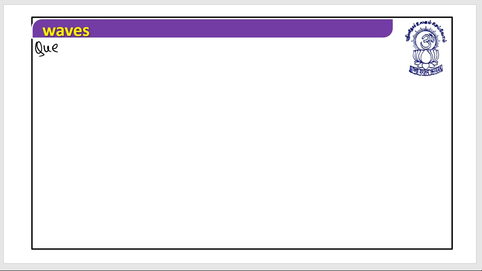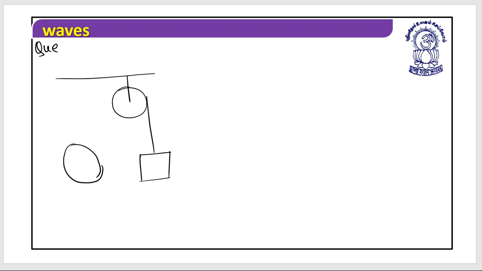Suppose we have given certain arrangement, and that arrangement seems something like this, that this is one of the pulley, and we are having one of the block over here, we are having a second pulley over here. Let me redraw this.